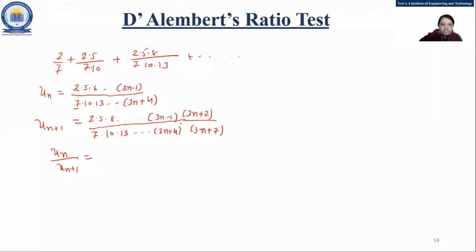So what I'll have for un upon un plus 1 is only 3n plus 7 upon 3n plus 2. Now what is our statement? That I'll write down here.